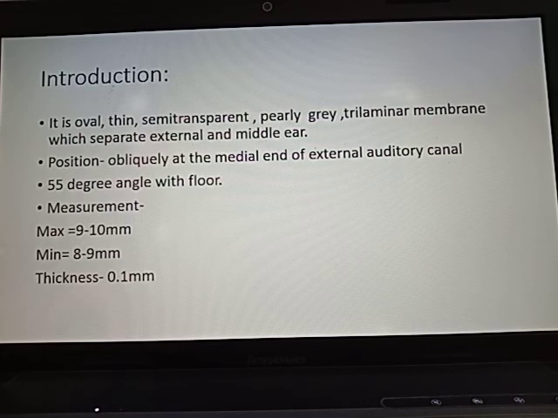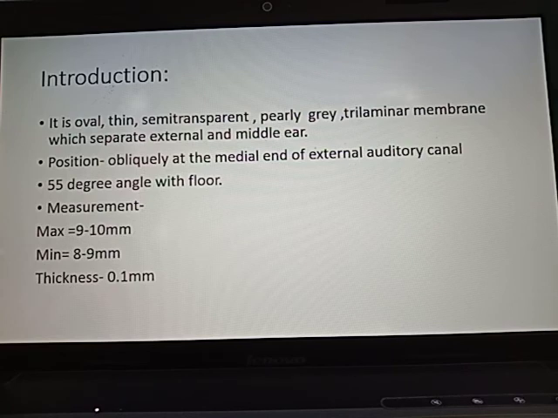It is situated at the medial end of the external auditory canal and placed obliquely, making an acute angle of 55 degrees with the floor of the meatus. So the floor of this external canal is longer than the roof.